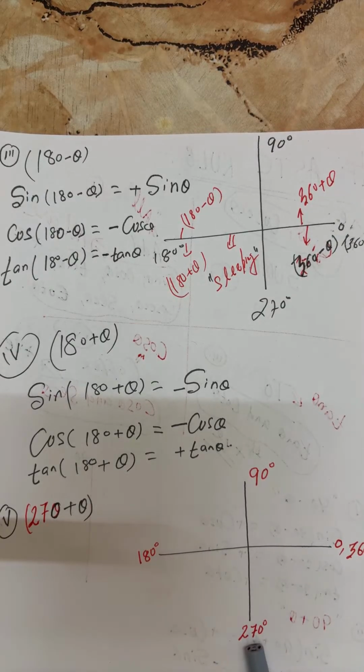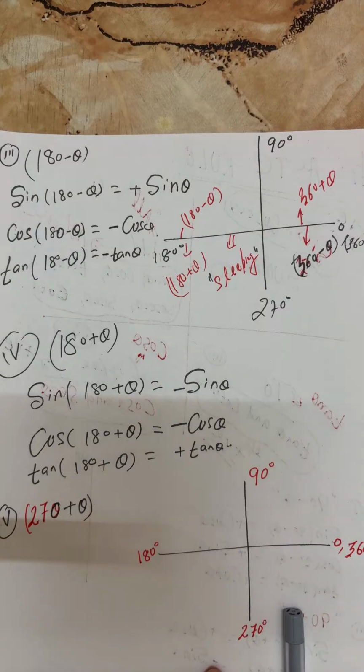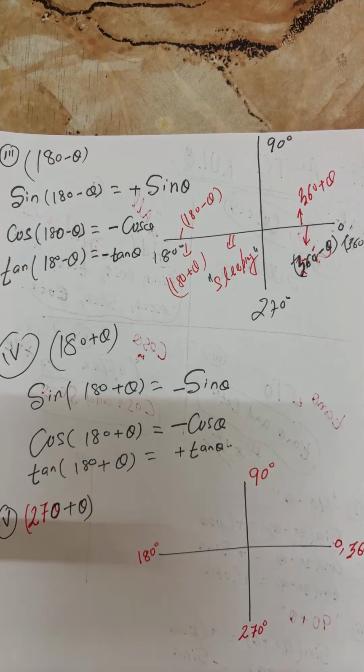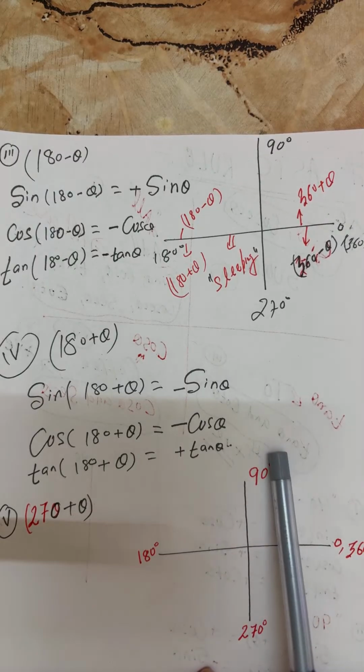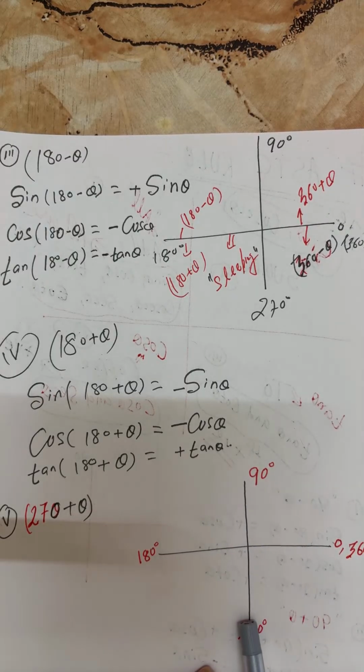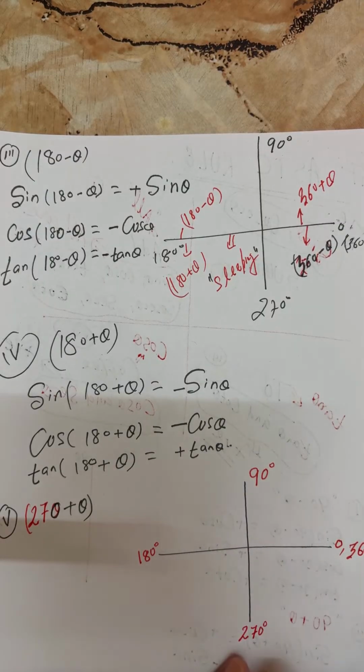Now, beta, 270 plus means you are talking about the fourth quadrant. Now remember, if any function lies at 90 plus or 90 minus, or 270 plus or 270 minus, the function will change. Sine will go to cos, cos will go to sine, tan will go to cot.